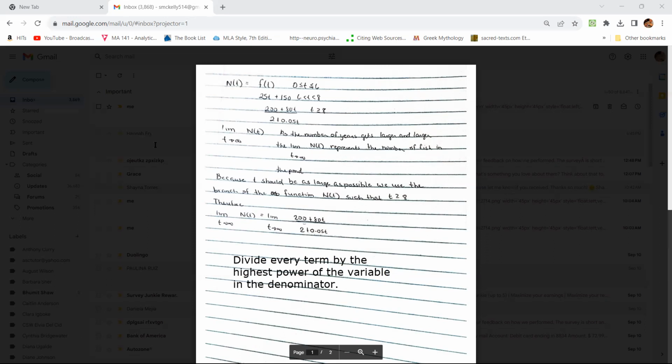So there's a couple of ways to do this. Since you're not using a calculator here, I'm going to show you first, and this is why I wanted to have this out. So this is your function here.